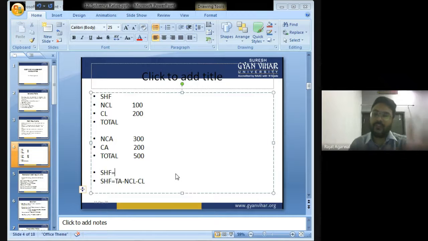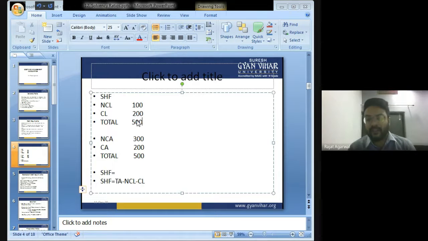Now, this is the information given to you. In liability side, shareholder fund is not given. Non-current liability is 100, current liability is 200. In asset side, non-current asset is 300, current asset is 200 and total is 500. As we all know that total of asset is total of liability, so let's write here 500.